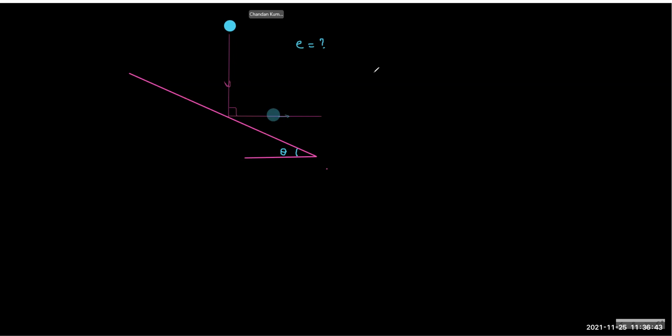Okay. You can drop a normal here. And if you drop a normal, then you can find the angle of incidence. This will be theta, and this will be 90 minus theta. And therefore, by definition, E is given by tan of the angle of reflection equal to tan of the angle of incidence upon E. So E becomes the square root of tan.